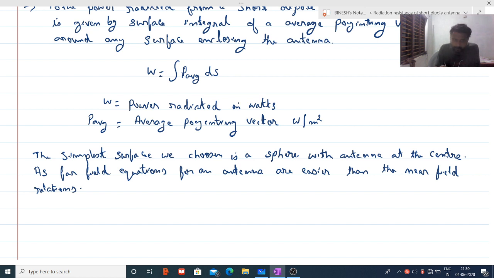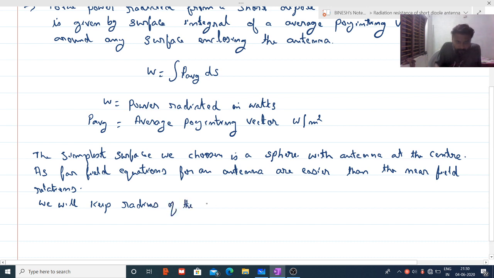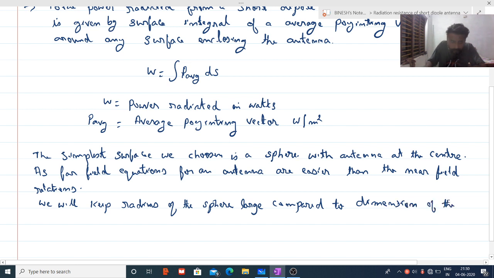Since we are taking the far field equation, we will keep the radius of the sphere large compared to the dimension of the antenna.